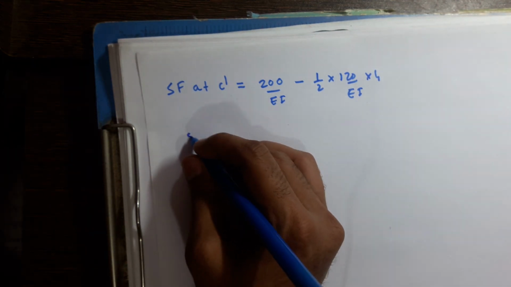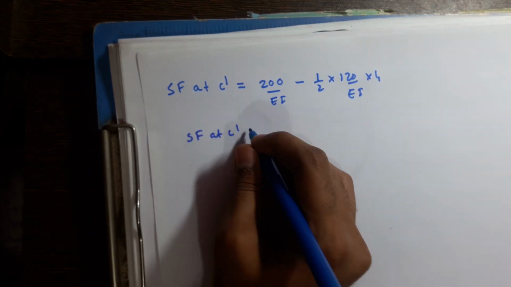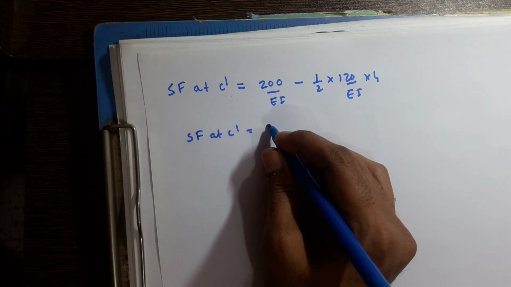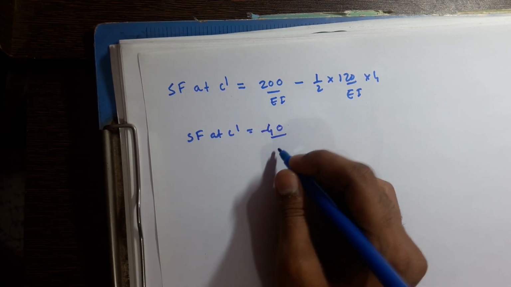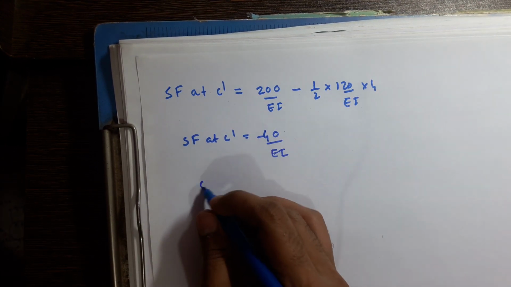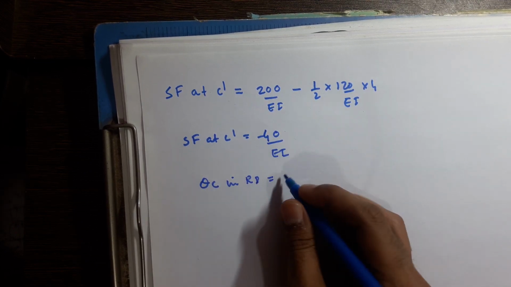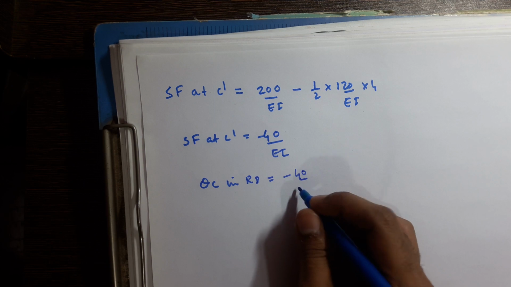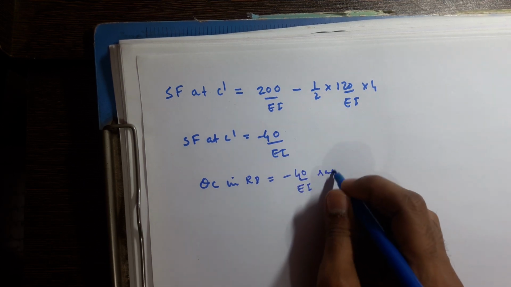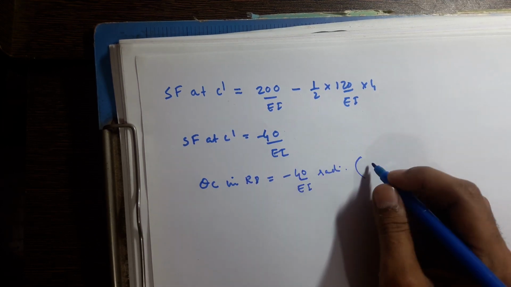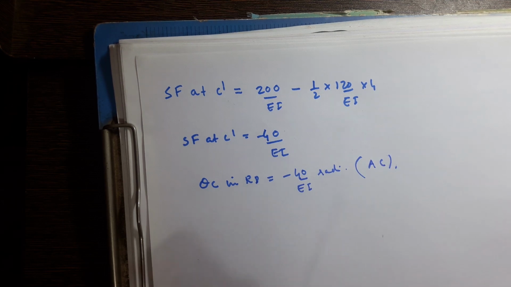So theta C you will be getting, first you write shear force at C dash, which will be equal to minus 40 by EI. So theta C in real beam will be equal to minus 40 by EI radian, okay. So this is minus, it can be termed as anti-clockwise.